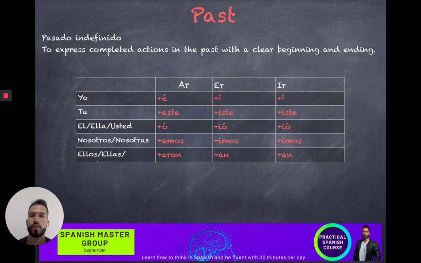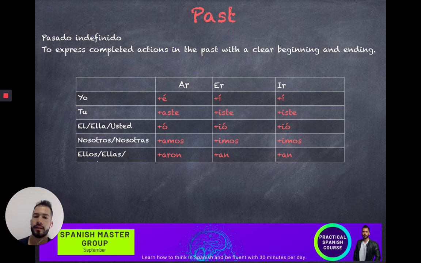We use it to express completed actions in the past with a clear beginning and ending. Remember what it is used for, and then what's the pattern that you add at the end of a verb. For yo is é, í for er and ir. For tú is aste, and for er and ir is iste.